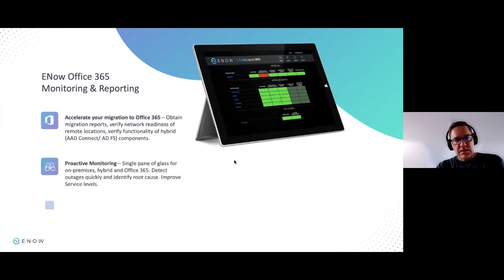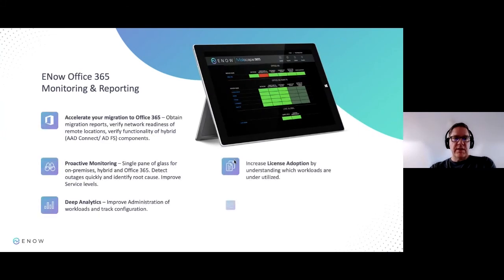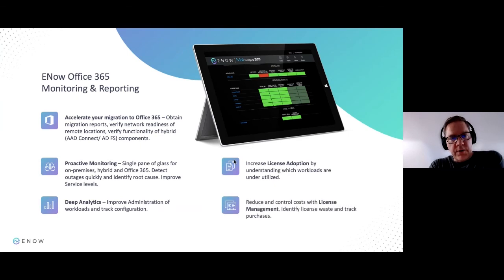So just quickly, the eNow Office 365 monitoring and reporting platform is used by customers to accelerate their migration to Office 365, to monitor what your employees are actually seeing, to monitor the service health, and to measure the baselines of performance in consuming those different Office 365 services.